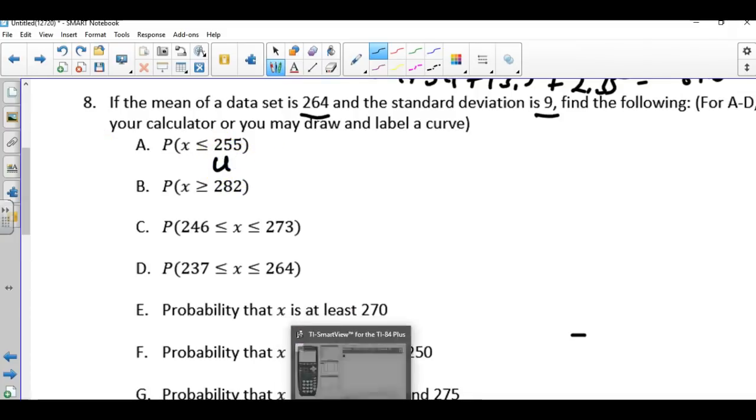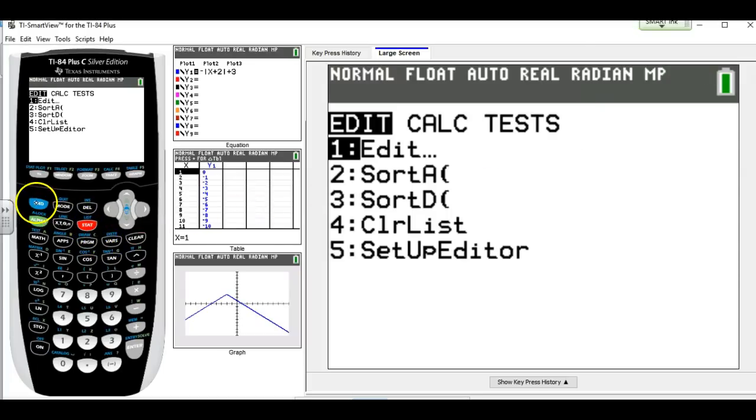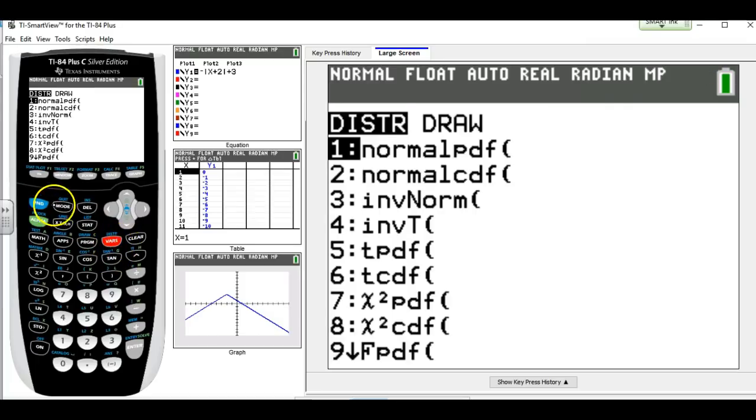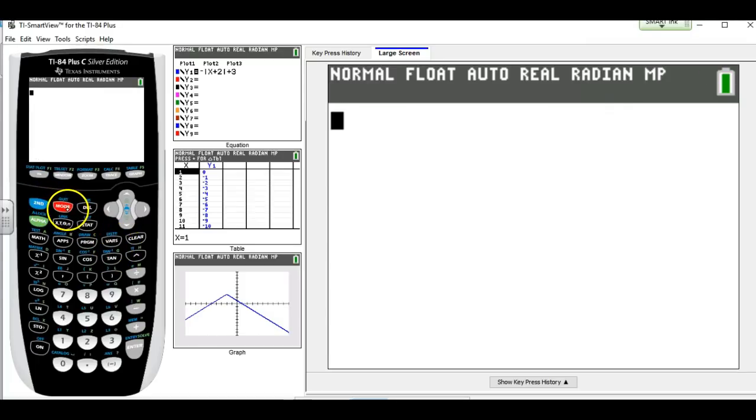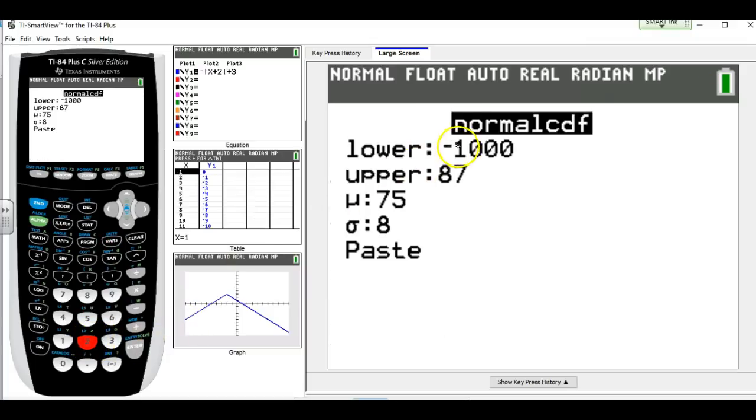So how we put that in our calculator is this. We're going to go second, and then distribution. Let me do that again. You go second, VARS, distribution, and we're going to choose normal CDF. So we said that's our upper bound. We're going to let the lower bound be 0, or you can pick something lower, like negative 1,000, doesn't matter. The upper bound is going to be 255.